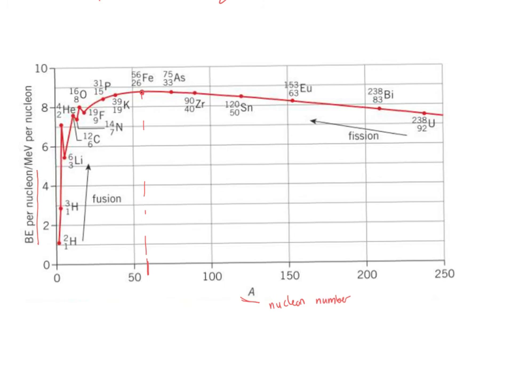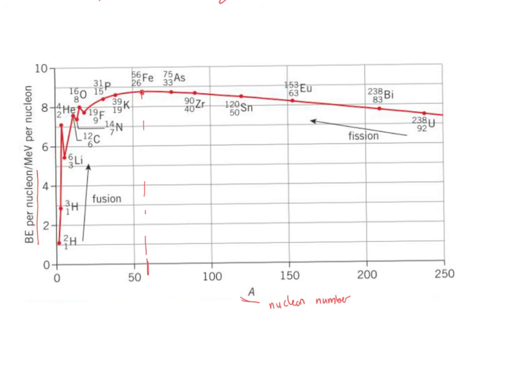So anything below a nucleon number of 56, you can notice that there's a general pattern where the binding energy is increasing as the nucleon number increases. For nuclei that have greater nucleon number than iron, so from iron further down to uranium, you can see that the binding energy per nucleon decreases as the nucleon number increases.